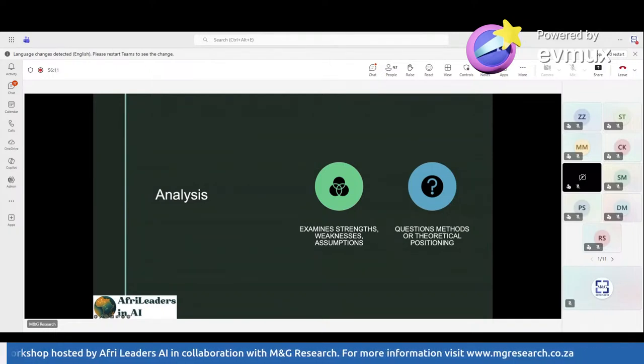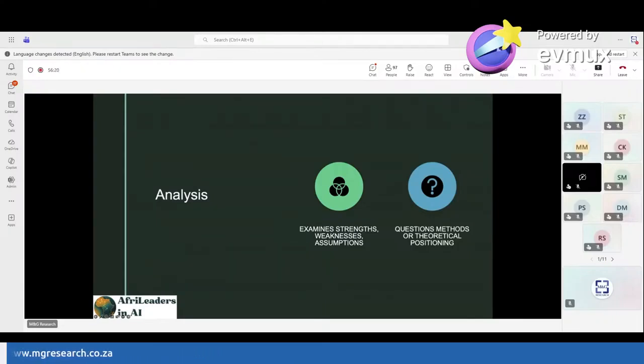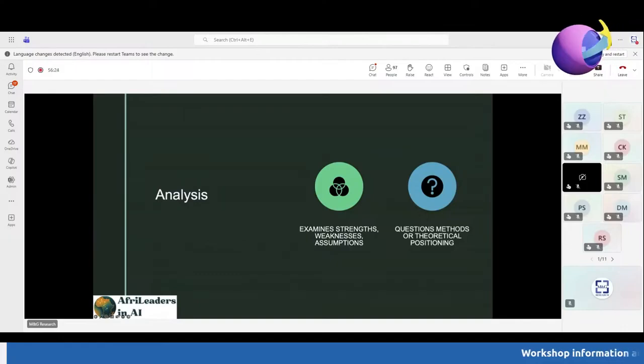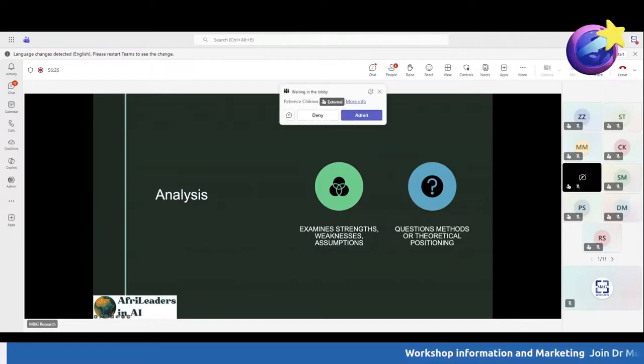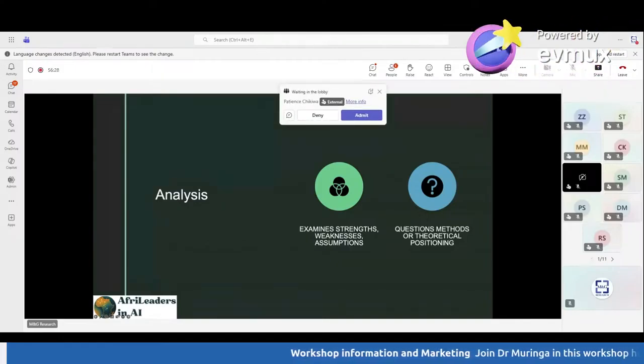Or you can look at and analyze the theories that were employed. This is a group of studies, and most of them were relying on the feminist media theory, or they were relying on the systems theory. However, there is a gap.